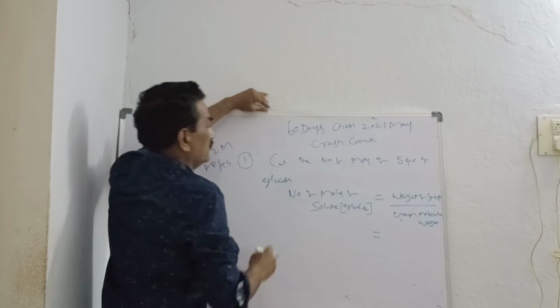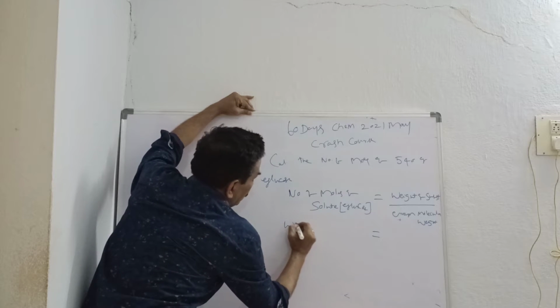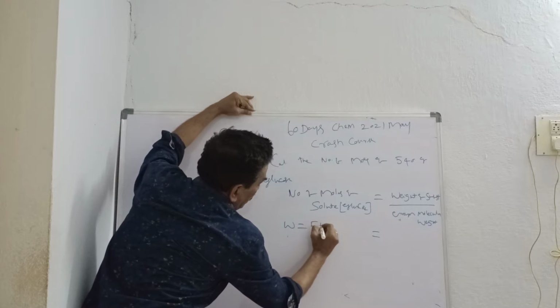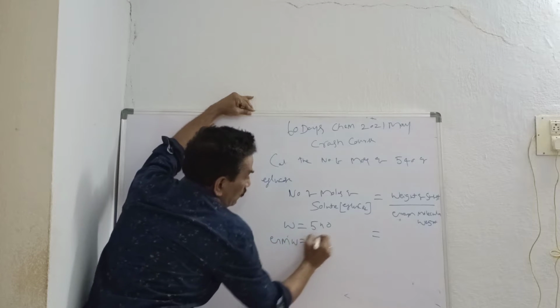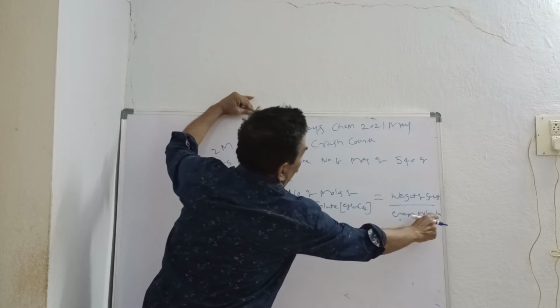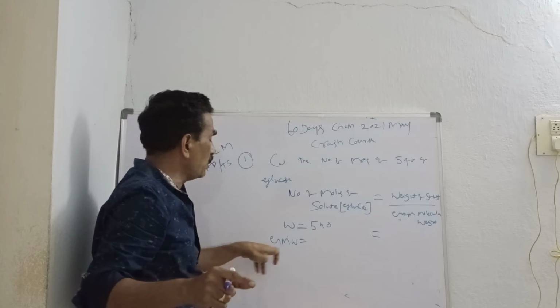So here, weight of the glucose is 540. GMW means gram molecular weight.